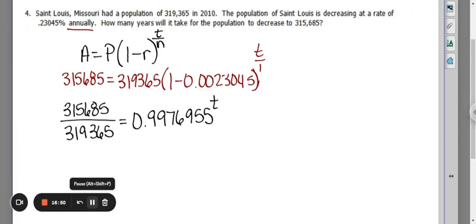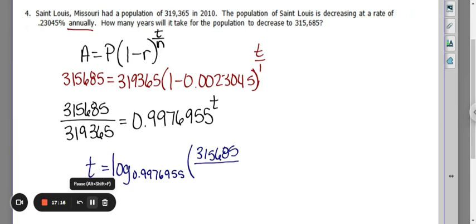So we need to get to that exponent, rewrite it as a logarithm. That'll be your next step. And when you rewrite it as a logarithm, then we'll rewrite it as a common log to actually do the work.